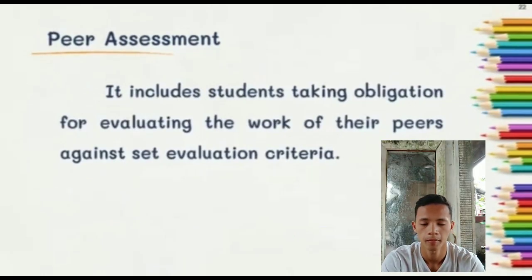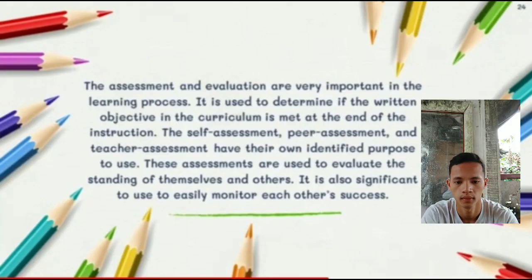Peer assessment. It includes students taking obligation for evaluating the work of their peers against set evaluation criteria. The assessment and evaluation are very important in the learning process. It is used to determine if the written objectives in the curriculum are met in the instruction.